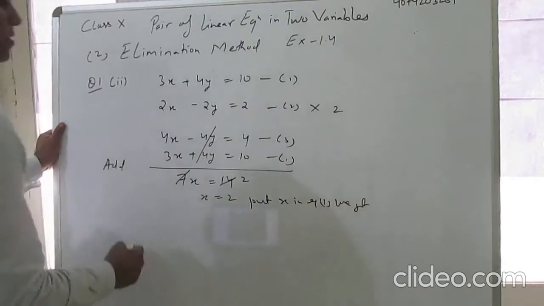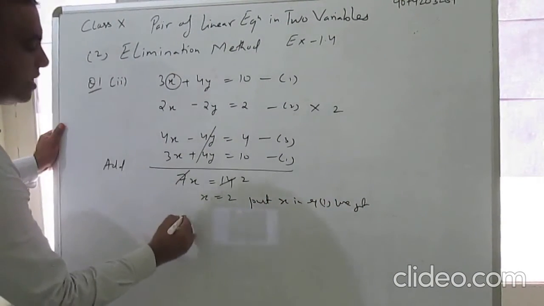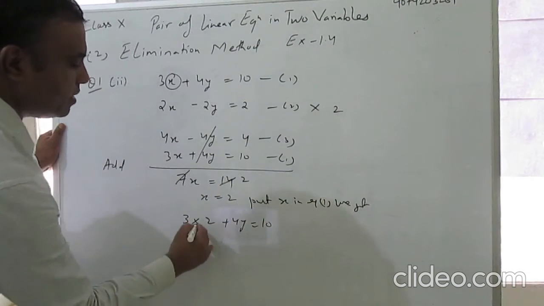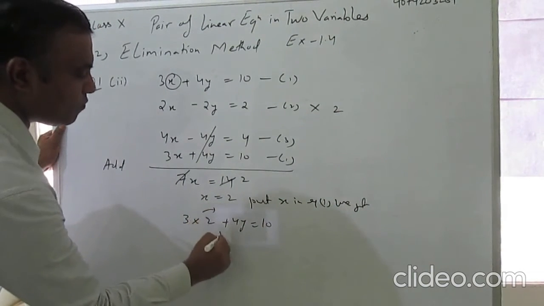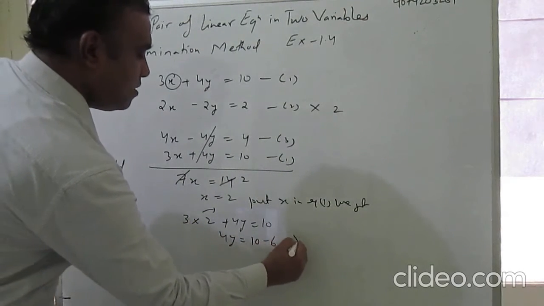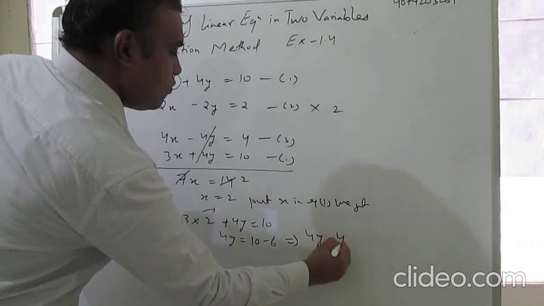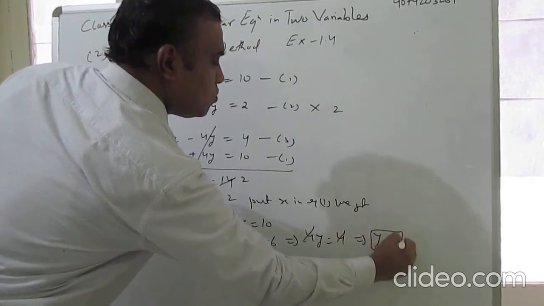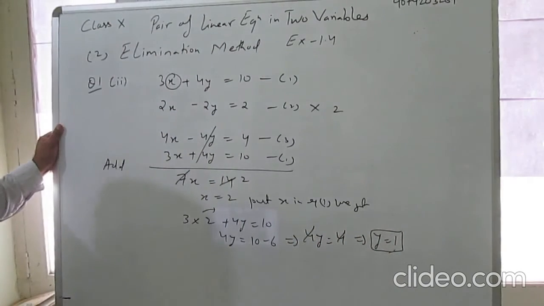We get, removing x, what do we write? 2. 3 into 2 plus 4y is equal to 10. 6 goes to the other side, so 4y is equal to 10 minus 6. 4y is equal to 4. 4 cancels out. So y equals 1. This is the elimination method.